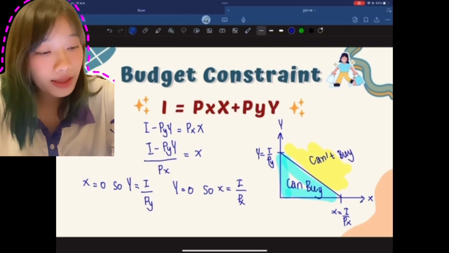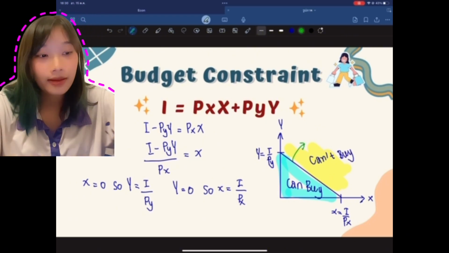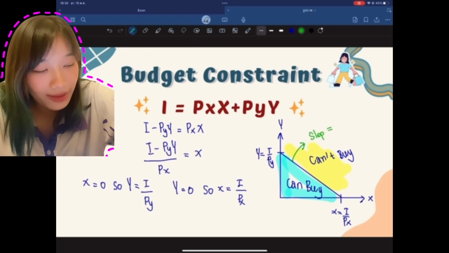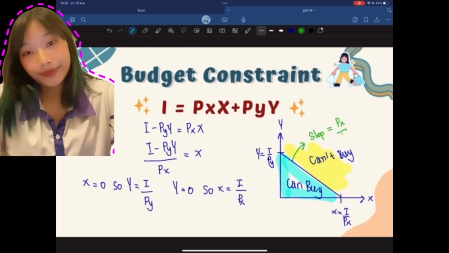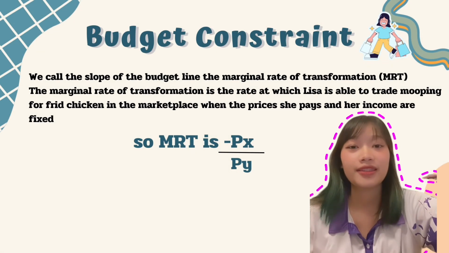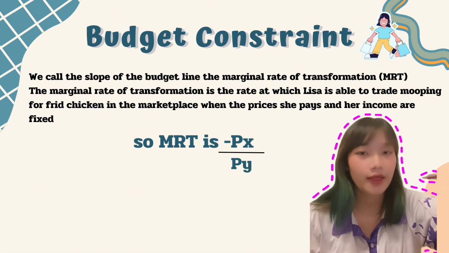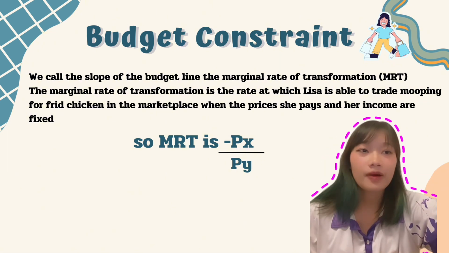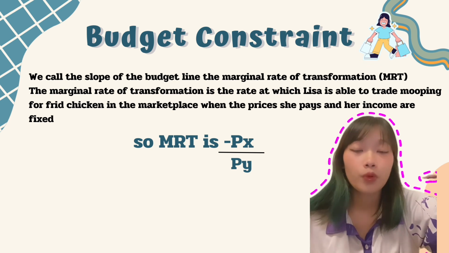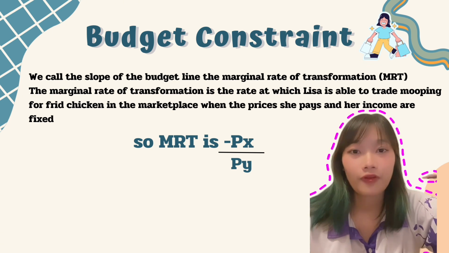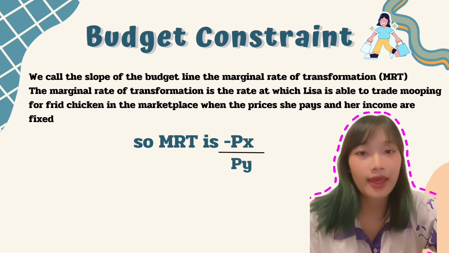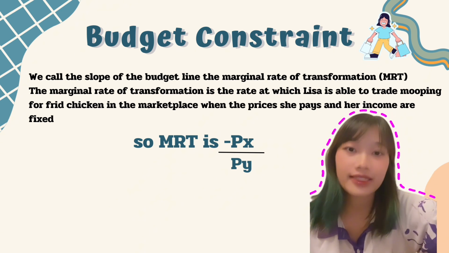And this line is the budget constraint. The slope is Px over Py. So we call the slope of the budget line the marginal rate of transformation, or MRT. The MRT is the rate at which Lisa can trade หมูปิ้ง for fried chicken in the marketplace when the prices she pays and her income are fixed.